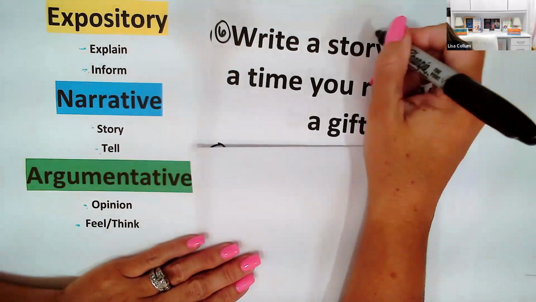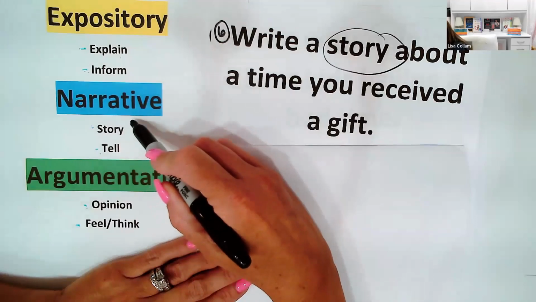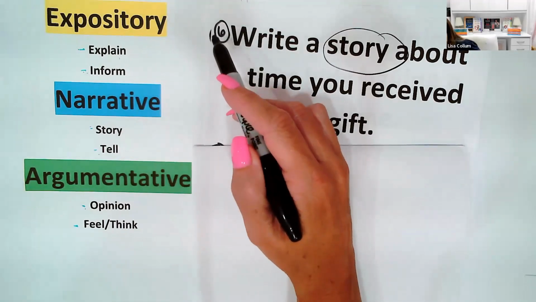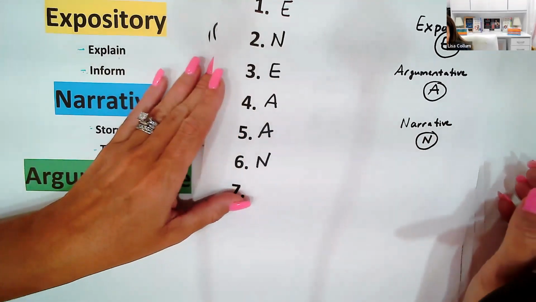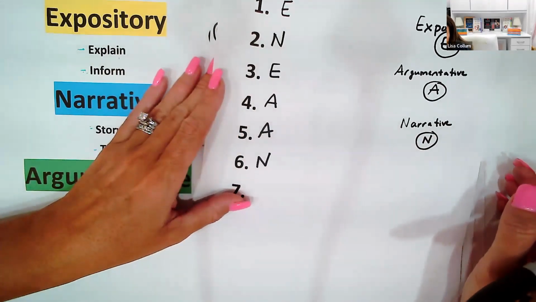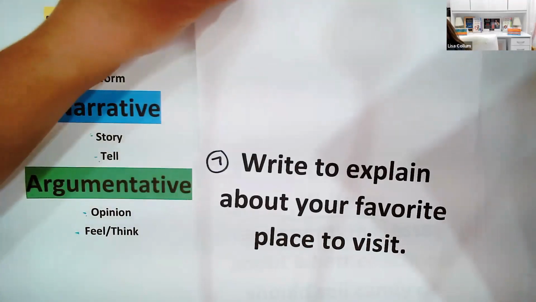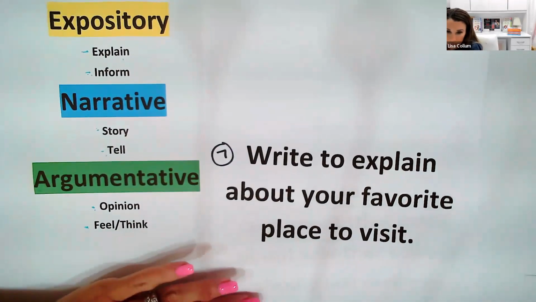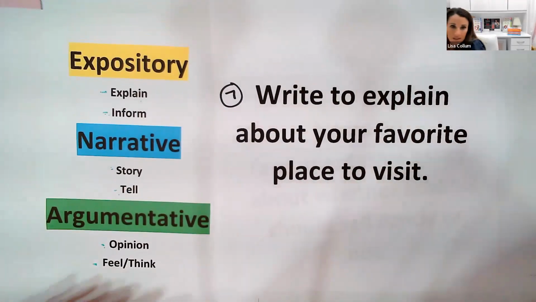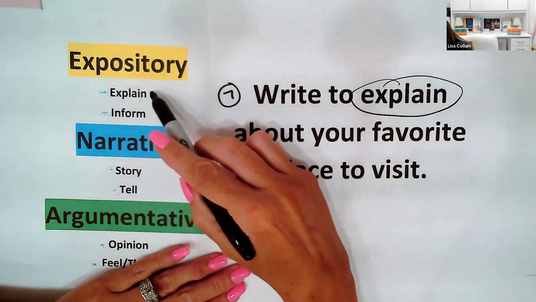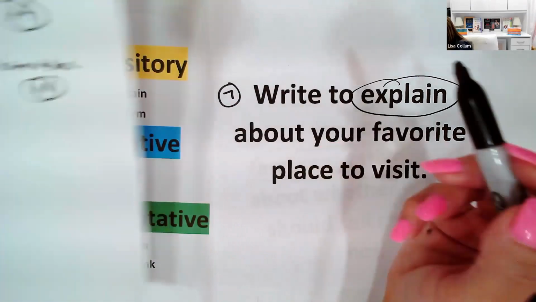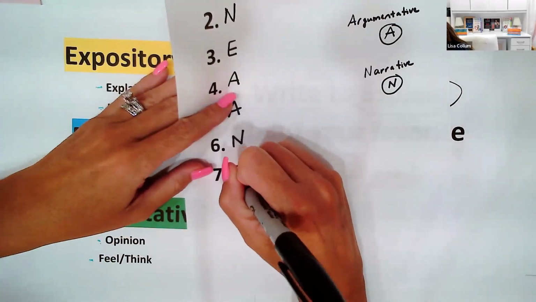The key word is story, which means it's a narrative. So for number 6, you should have an N. And the last one, number 7, write to explain about your favorite place to visit. The key word is explain, which means it's an expository. So for number 7, you should have an E.